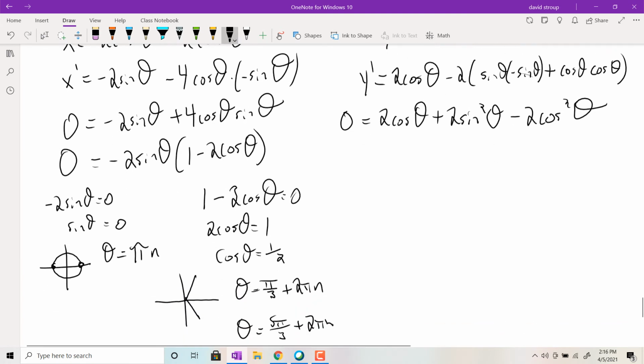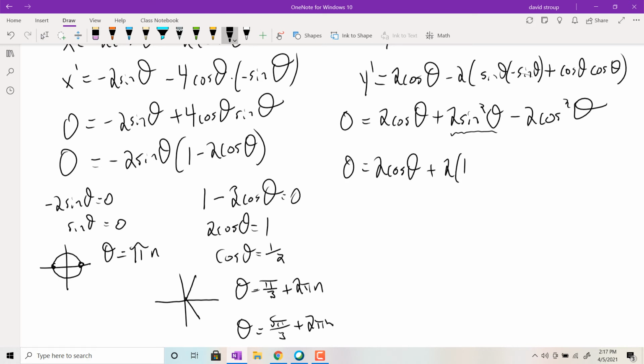For these, you want to get everything in terms of cosine or sine with everybody with the same angle. So what I'm going to do is rewrite this part with the Pythagorean identity. I got 0 is 2 cosine theta plus 2 times 1 minus cosine squared theta, because we recall if sine squared plus cosine squared is equal to 1, then sine squared is equal to 1 minus cosine squared theta.